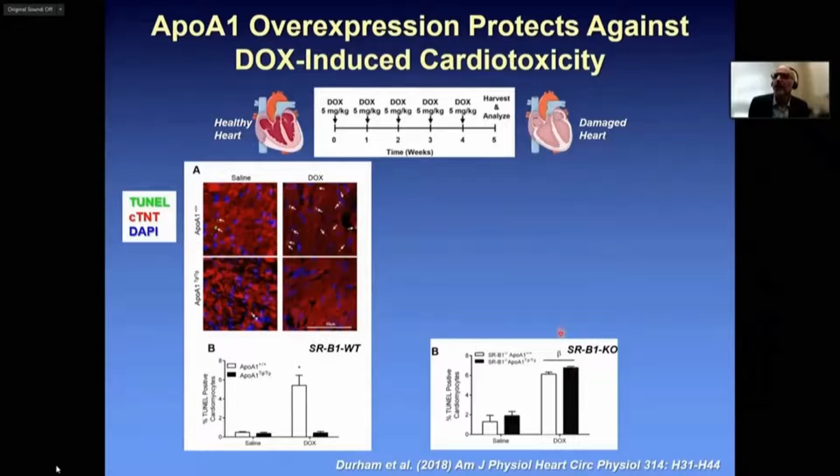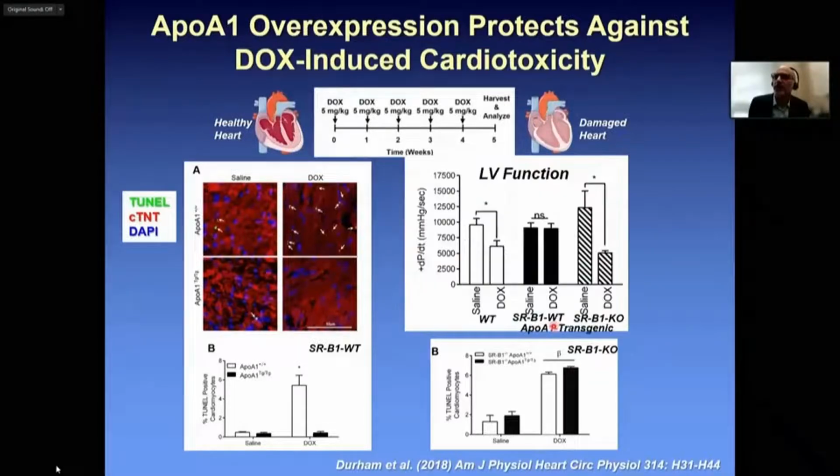And when she measured left ventricular function, she saw that in the wild-type mice, doxorubicin reduced left ventricular function. This reduction was attenuated when mice overexpressed ApoA1 and expressed the HDL receptor, SRB1.